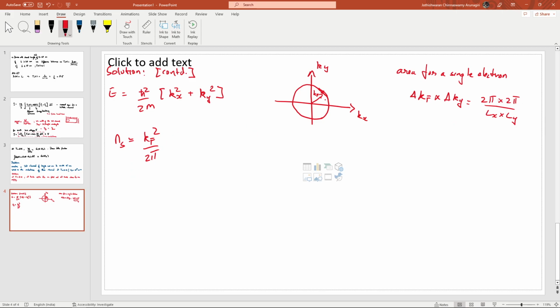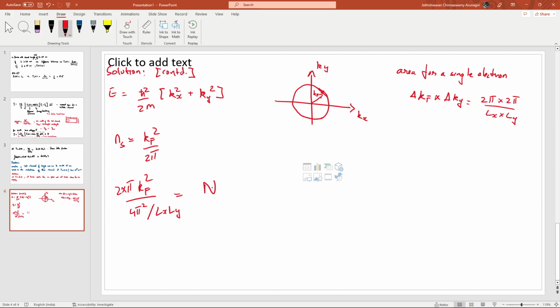So when we divide pi times kf squared by this quantity, 4 pi squared divided by Lx Ly, and of course there is an upspin and a downspin, so there will be twice this.